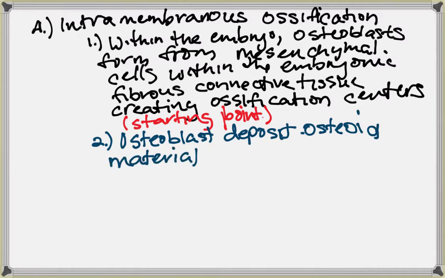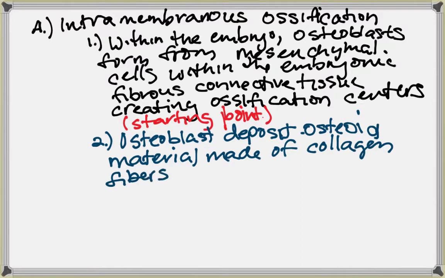And basically, the osteoid material is unmineralized bone, and it is going to be made up of collagen fibers. These osteoblasts deposit this material, and then later these osteoblasts will end up being surrounded by bone, which is extracellular material.